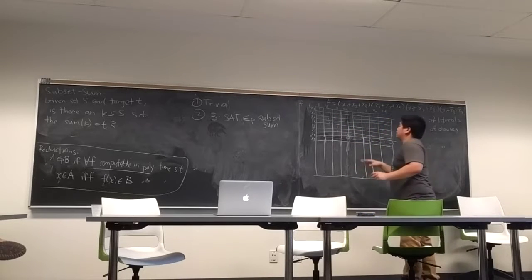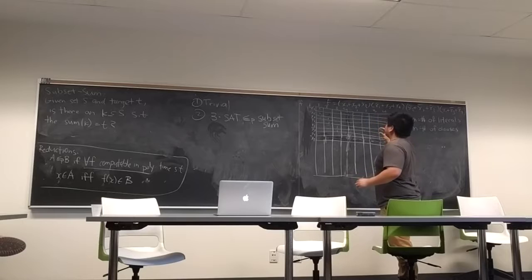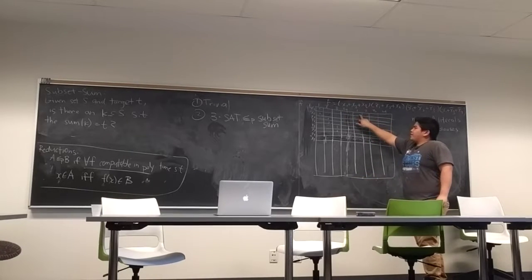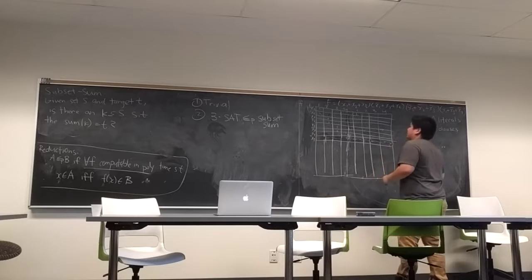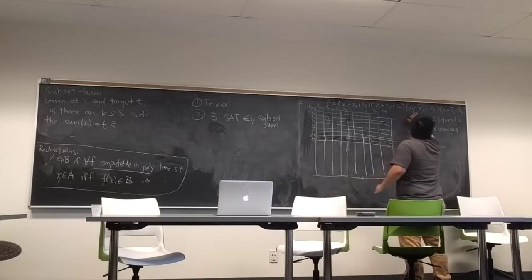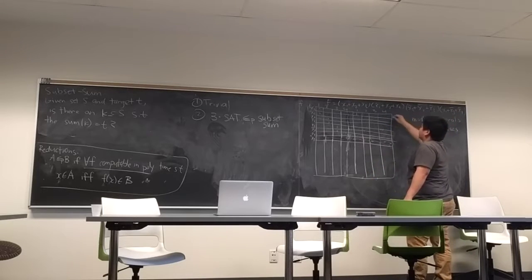And then for these over here, you put a 1 if the literal appears in that clause. So here there's a 1 because x1 appears in that first clause. Where else does it appear? It appears in clause 4, so there's a 1 there.